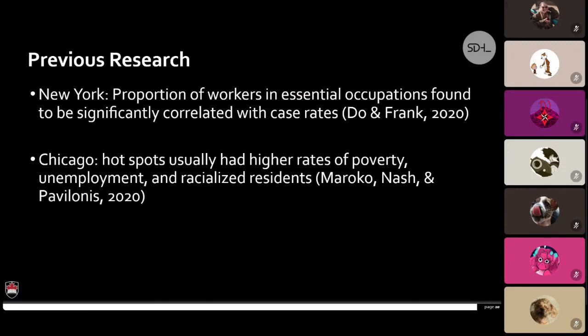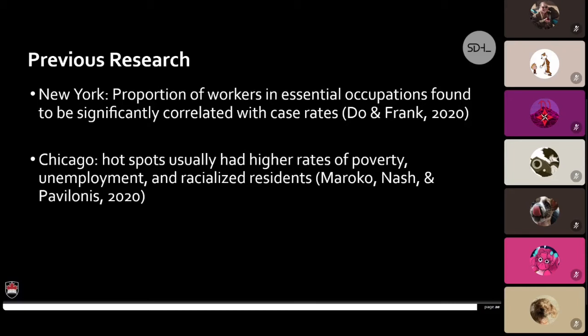So, some previous research on COVID-19 and its spread in communities. Two studies that I want to highlight. One was in New York, an ecological study using zip code data, to understand case rates and the association with various social indicators.